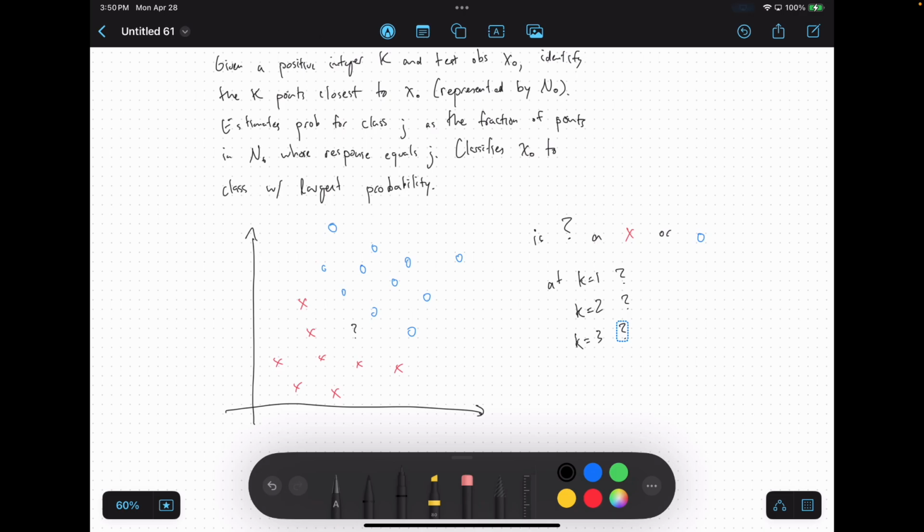How do I choose K? Some fraction of how many points you have? No. What do I fundamentally want from this model? Not probability, I want the best possible prediction. And to get the best prediction, I have to do cross-validation.